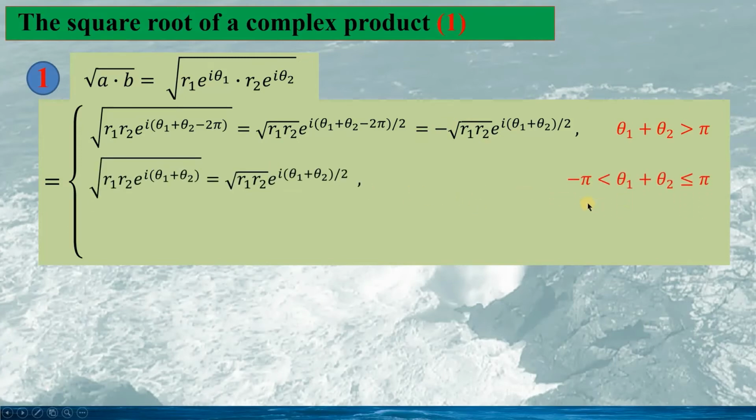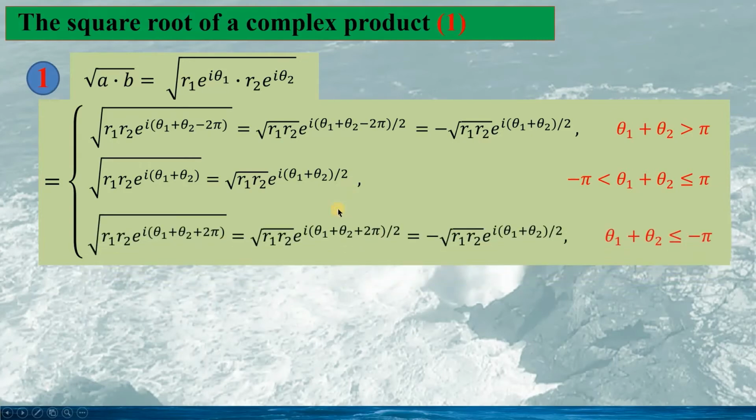The second scenario is theta 1 plus theta 2 is within the limit for the principal value. Then the calculation can be given directly as this. And the third scenario is when theta 1 plus theta 2 is less than minus pi, which is not within the limit for the principal value.